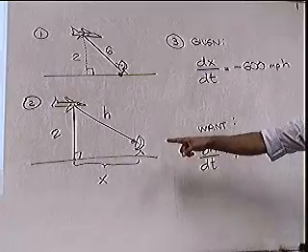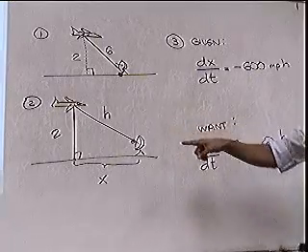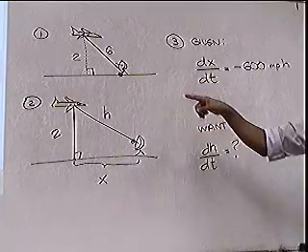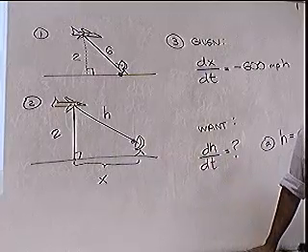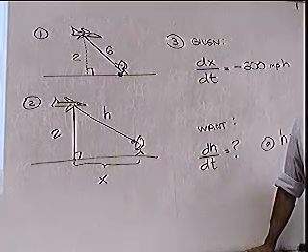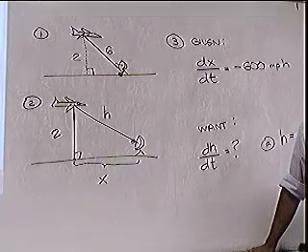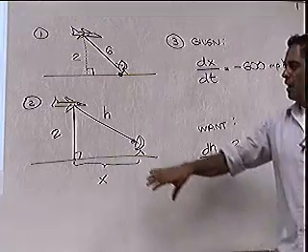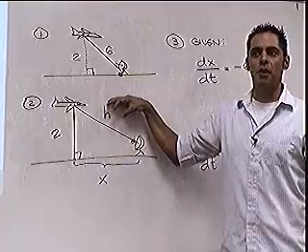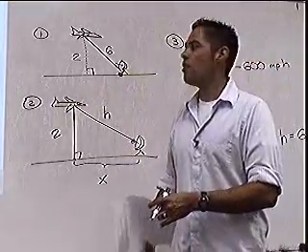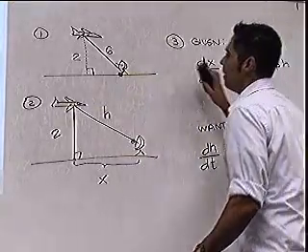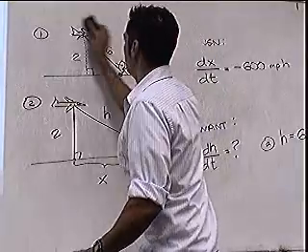That's what kind of triangle? A right triangle? Pythagorean identity? A squared plus B squared equals C squared, for any right triangle, right?